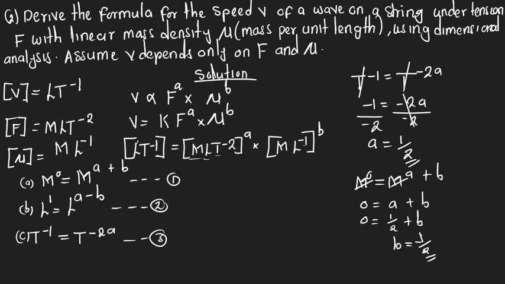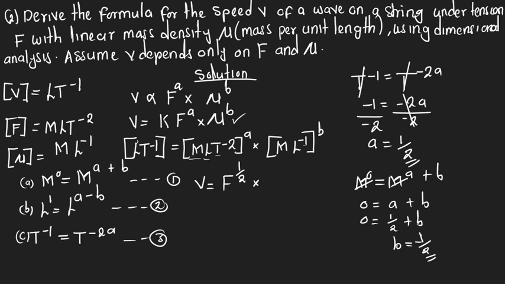We go back to our equation, which happens to be this one. So we're going to say v is equal to, in this case, we won't include the constant k. Of course, we know that our force is raised to the power a. So what is power a? We found a to be 1 over 2.